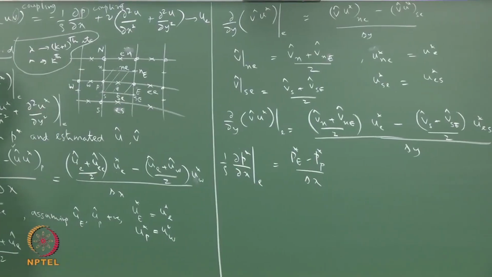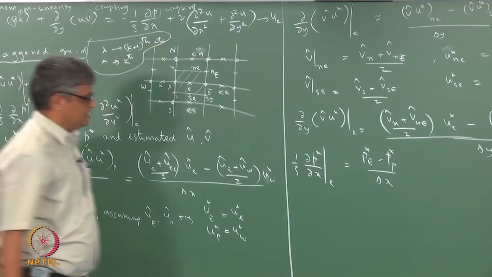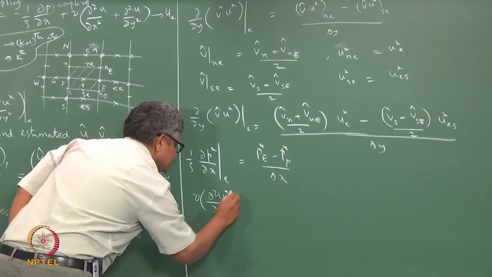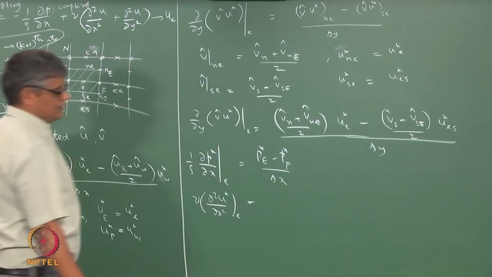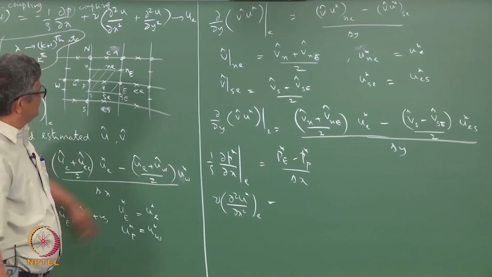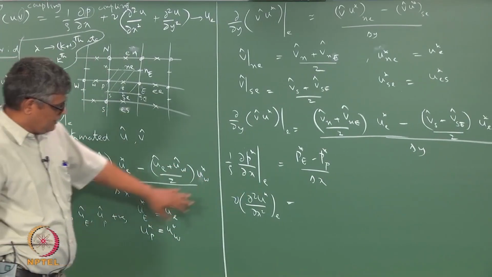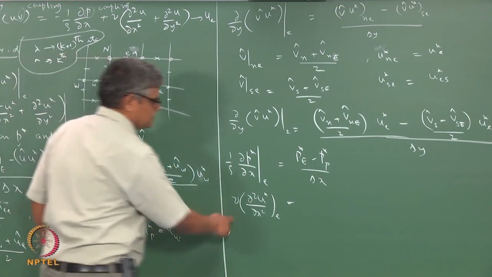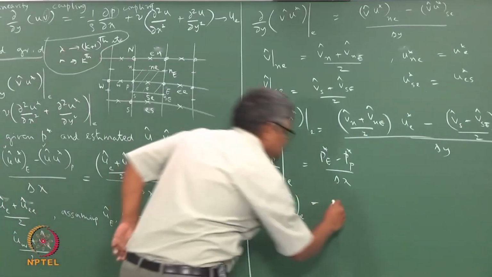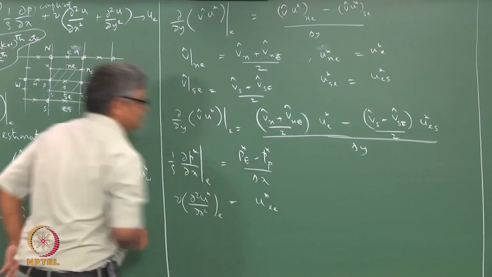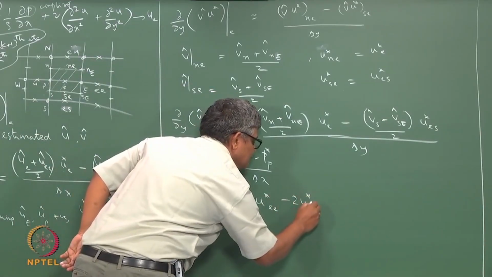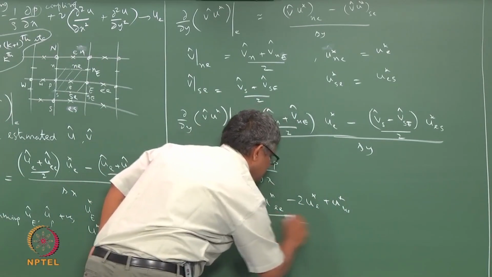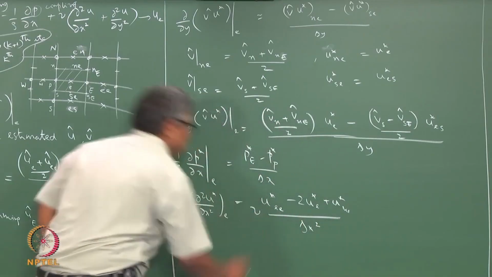So we have this. And now we have this quantity here, nu dou square u star by dou x square at E, which can be written. Here there is no coupling, there is no nonlinearity. This is just a simple second order derivative. We can use second order central differencing to write this as u star EE minus 2 u star E plus u star W, divided by delta x square, times nu.